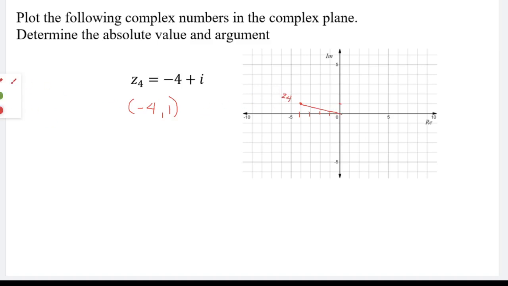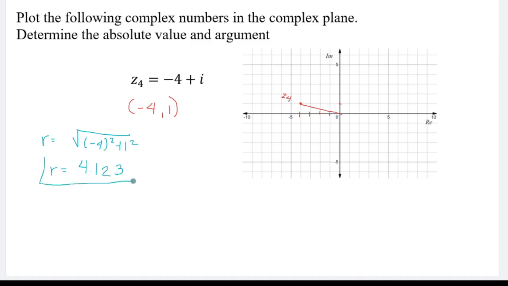So r is equivalent to the absolute value of Z4, or simply the square root of negative 4 squared plus 1 squared, and our value of r is equivalent to 4.123. So this is the distance from our origin to our point Z4.